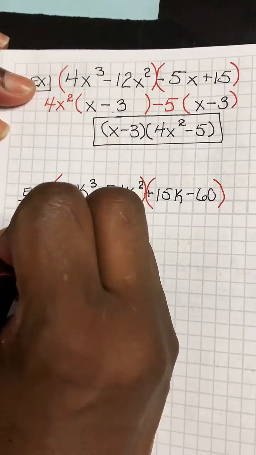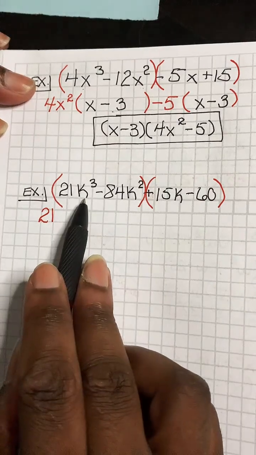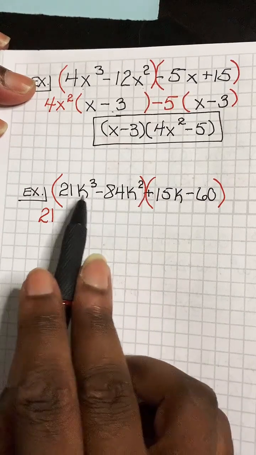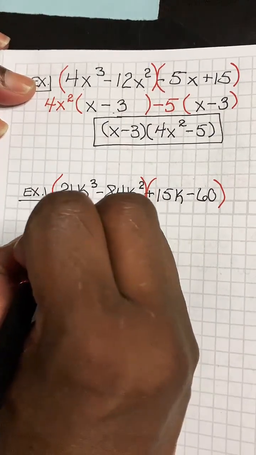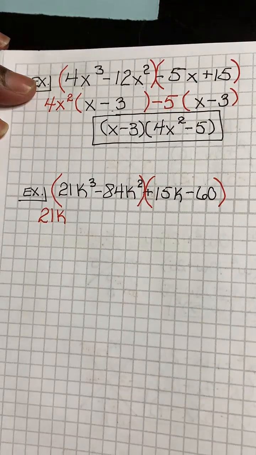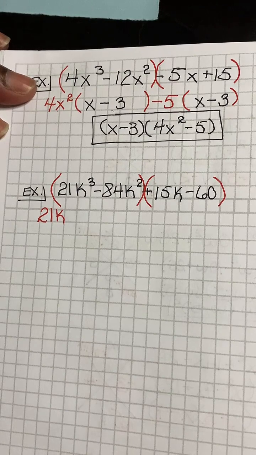So if I pull out the 21, this has k to the third, this has k squared. How many k's do they have in common? Okay. So I got some 2's, I got 5's. So not added together, how many do they have in common?